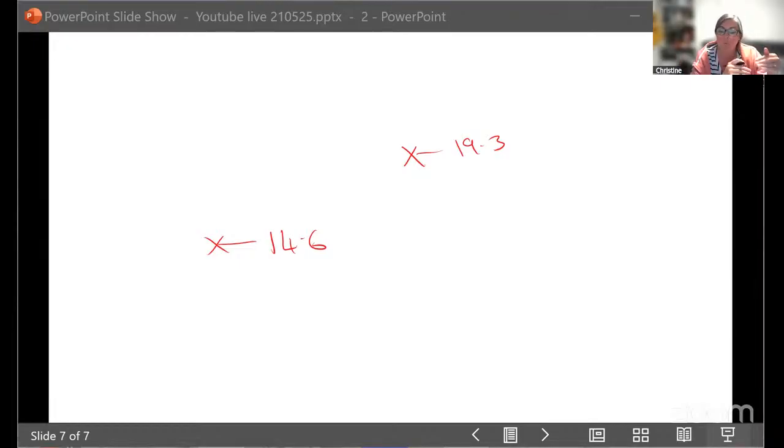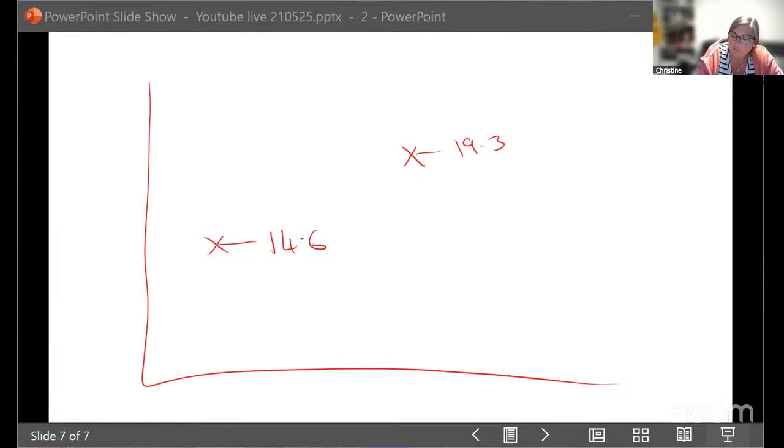Let's say that's A and this is B. The mean of A is 14.6 and the mean of B is 19.3. I've done all my calculations. If I have a standard deviation, and you should be able to calculate a standard deviation, which is plus or minus, let's say for A, 3.2, that's the standard deviation of A. The standard deviation of B is plus or minus 6.3.